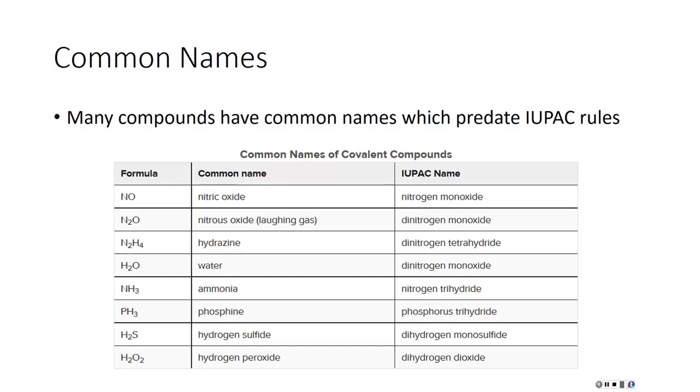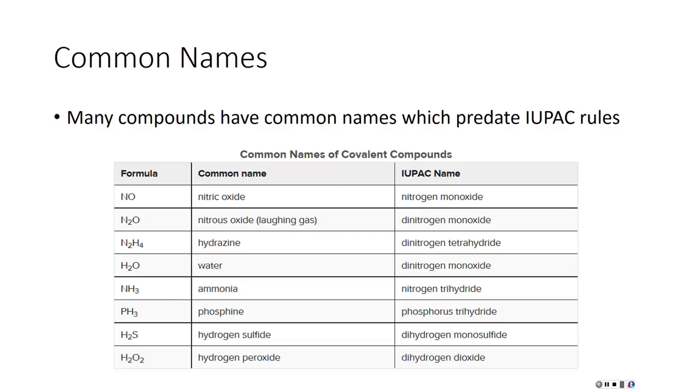So water was called water long before we came up with a way to describe it as dihydrogen monoxide. And there are some other examples here.